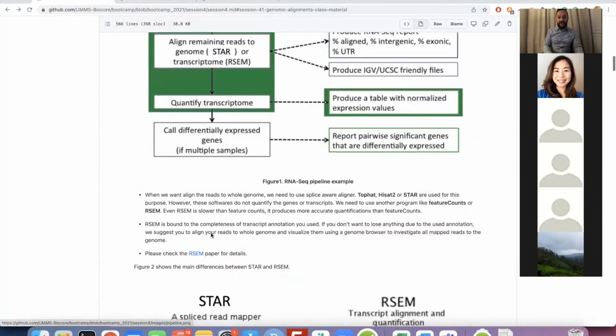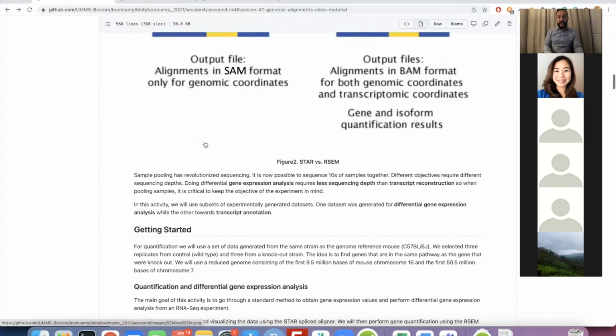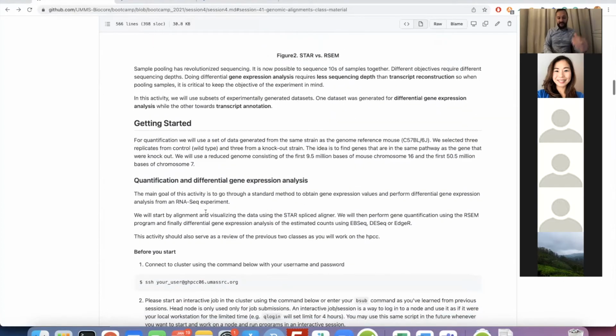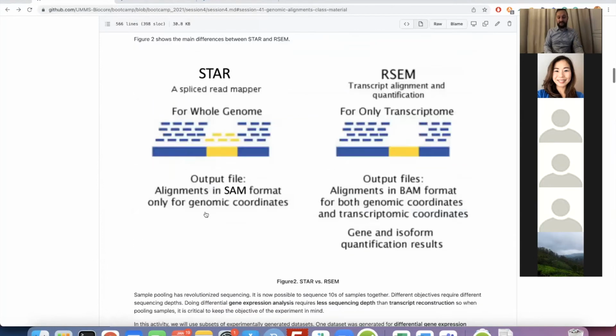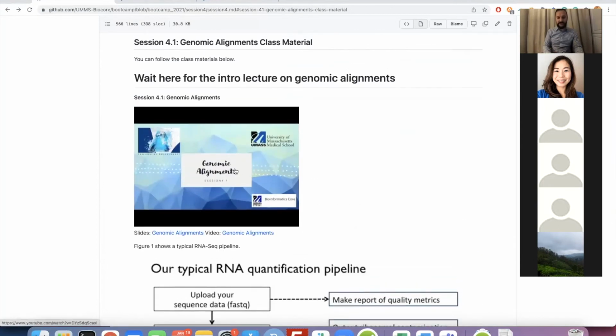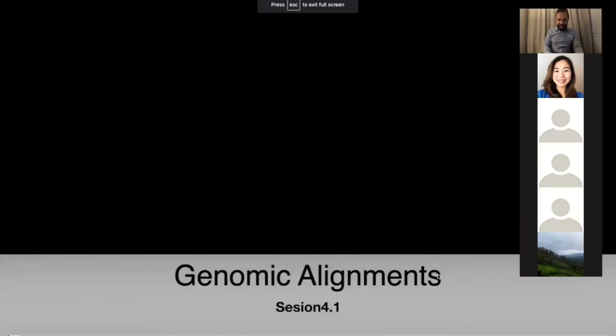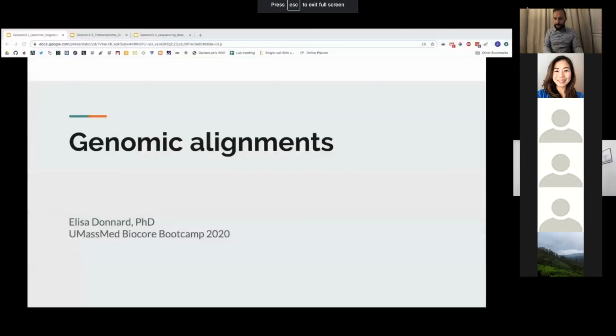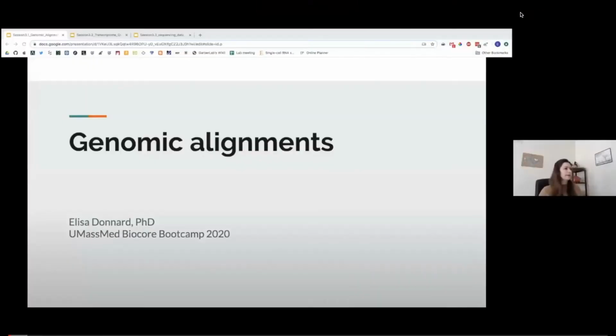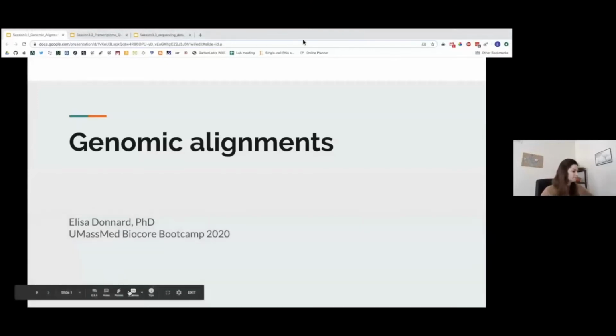I want you to read all these things, understand them yourself, follow the instructions, and give us feedback if you don't understand anything. So let's start with genomic alignments.